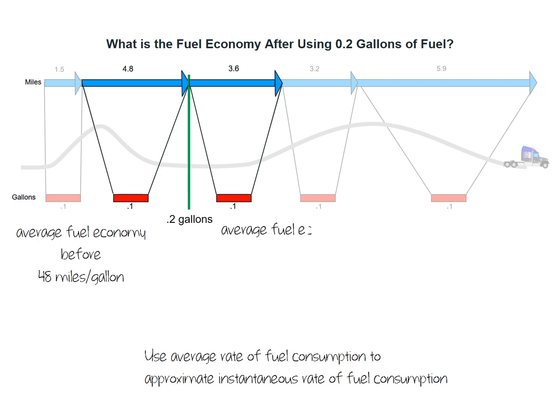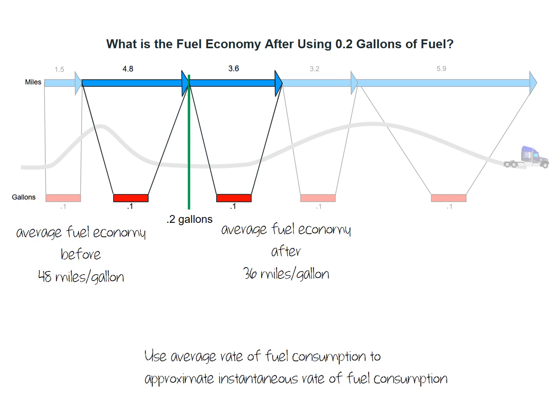Using this interval, we can find the average rate of fuel consumption immediately after the 0.2 of a gallon mark as 3.6 miles per 1/10 of a gallon. This rate, 3.6 miles per 1/10 of a gallon, or 36 miles per gallon, is an approximation of the rate of fuel consumption right at the 0.2 of a gallon mark.